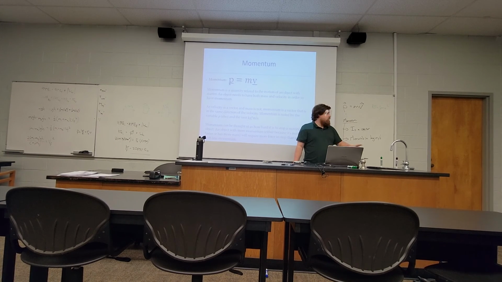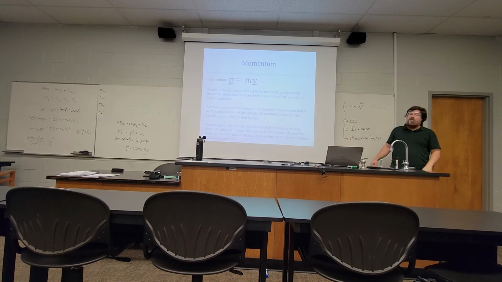Whereas momentum, since it is a vector, it does care about the direction. In the KE formula, the velocity gets squared. That's the reason that the vector goes away. But in the momentum formula, it's just velocity times a scalar, so the direction doesn't vanish.